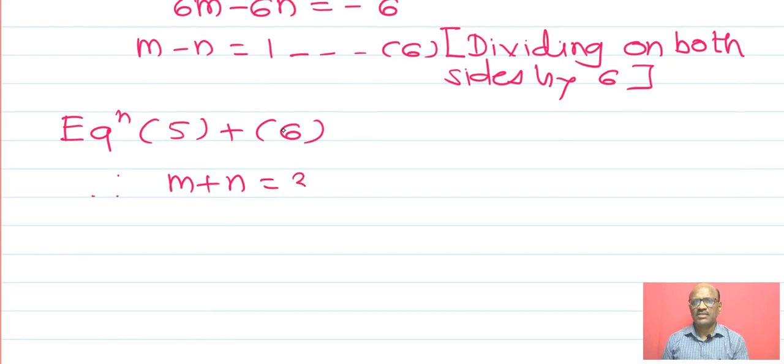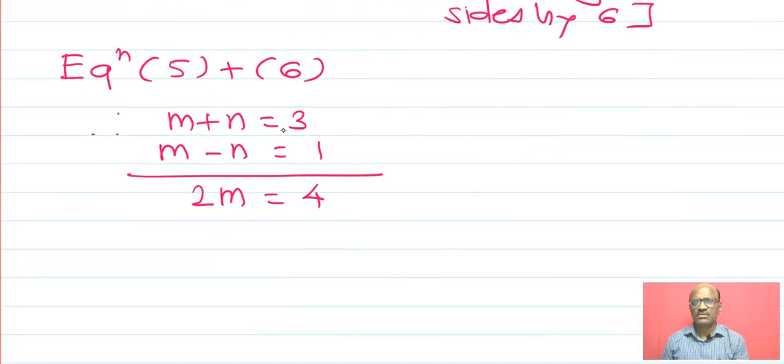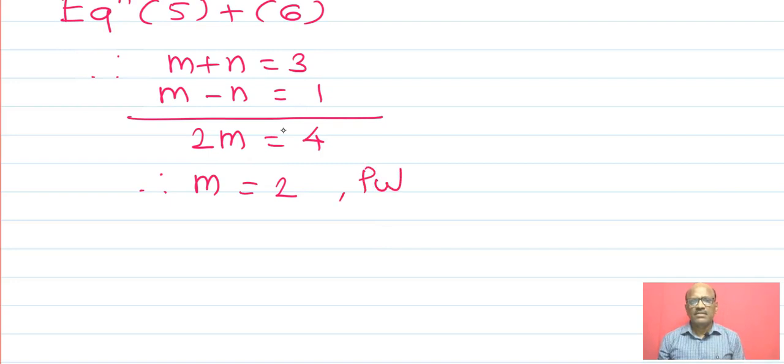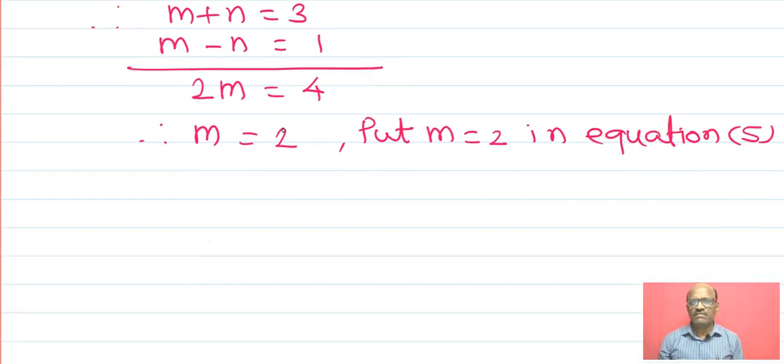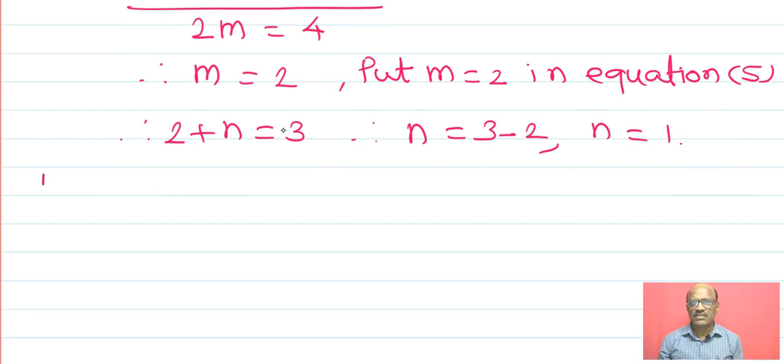Therefore m plus n is equals to 3 and m minus n is equals to 1, therefore m is equals to 2. Put m is equals to 2 in equation 5. Therefore 2 plus n is equals to 3. Therefore n is equals to 1.